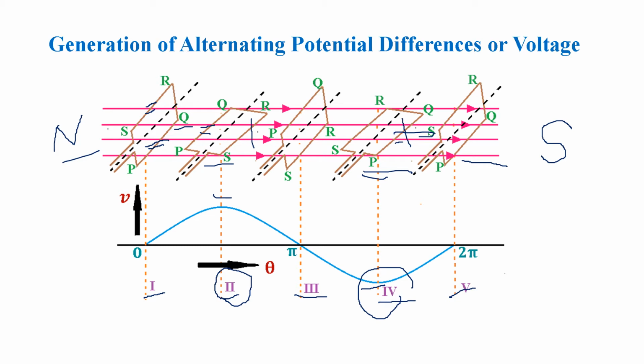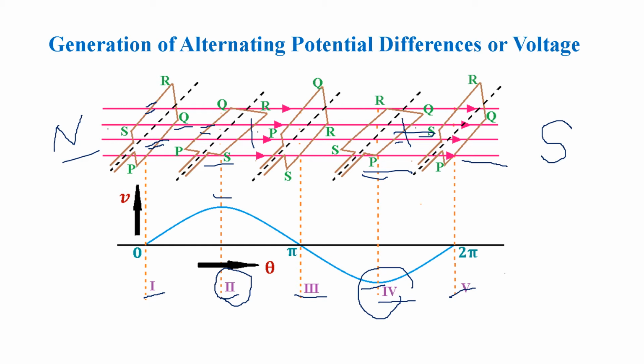Due to that, the polarity of the induced EMF changes. In that way, we can generate alternating voltage or AC voltage by using either a rotating magnet with a stationary coil, or a rotating coil with a stationary magnet.